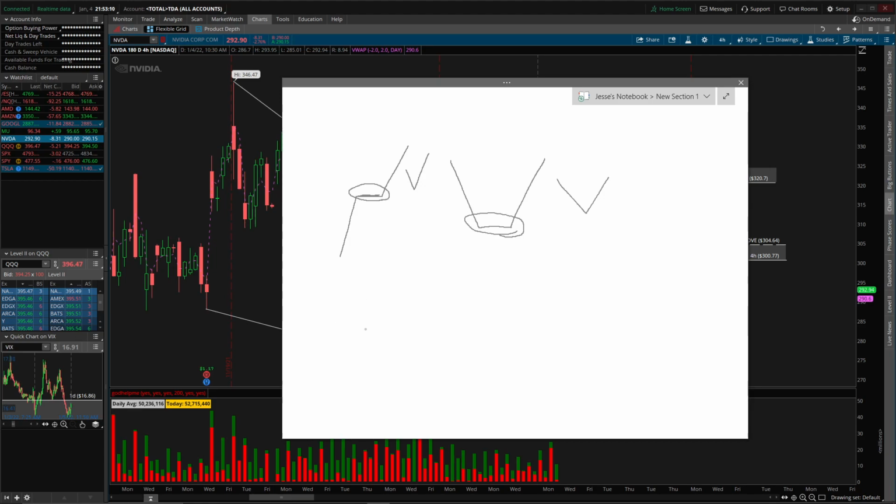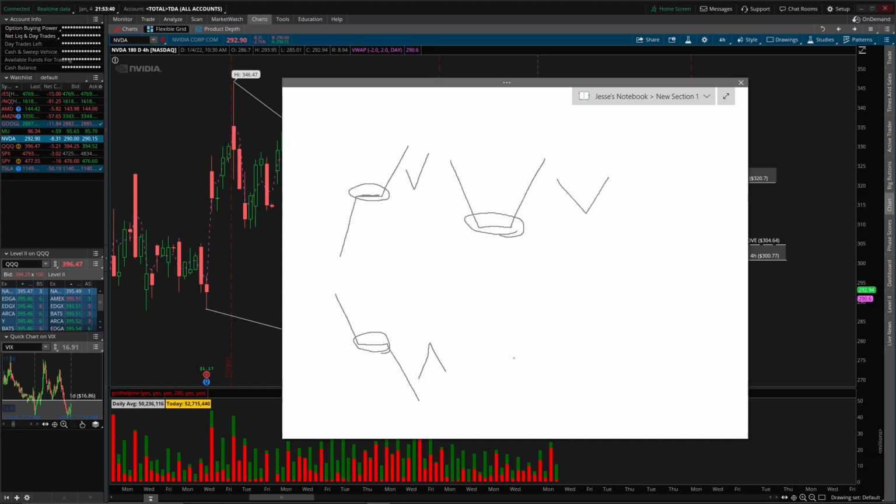But let's go to supply now, because we're basically just trying to learn how to identify them and how to draw them at the moment. For supply, you can get supply by basically having the mirror image of this. So you're going to have a drop followed by a basing period, consolidation, sideways action, followed by another drop. So if price ever gets to this level again, if price goes near it, these orders are going to get filled and go in the opposite direction most of the time.